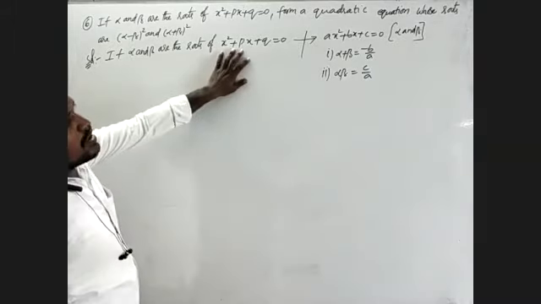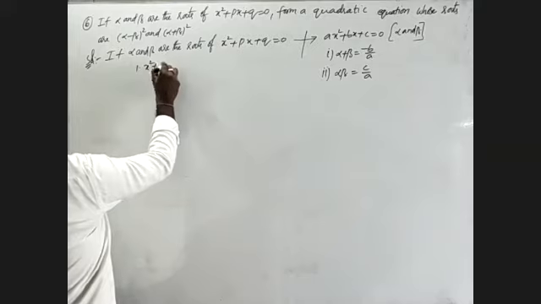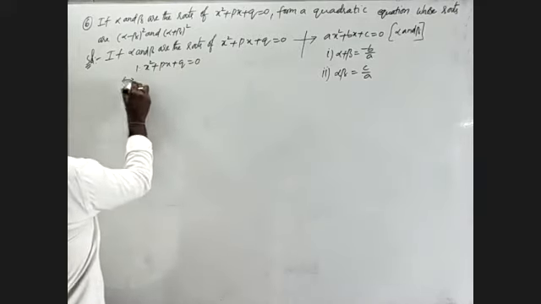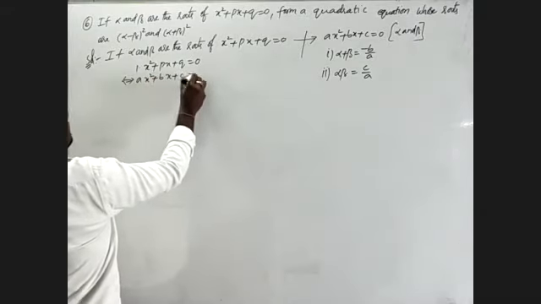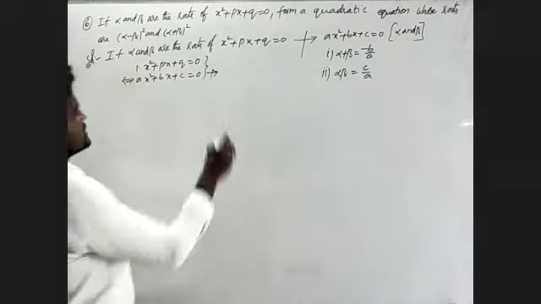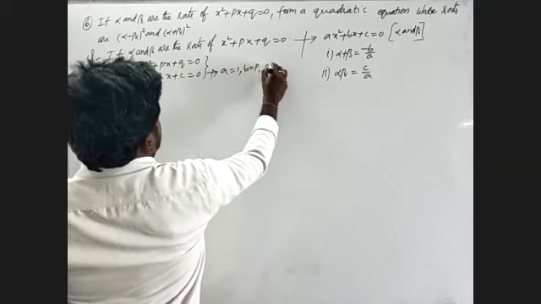Here also, the given equation can be compared with 1 into x square plus px plus q is equal to 0, comparing with ax square plus bx plus c is equal to 0. We know the values of a, b and c, where a is 1, b is p, c is q.